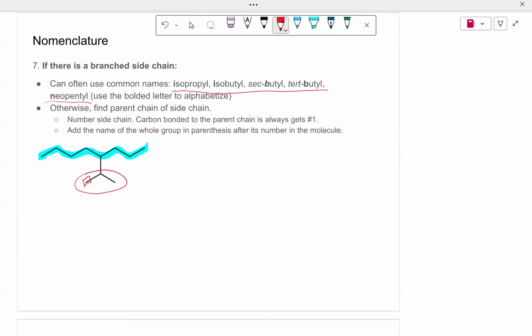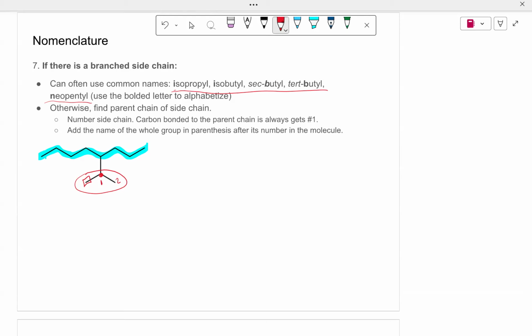So the way that you treat this is you give the carbon that's attached to the parent chain, I'm going to put a big dot right there, you automatically make this number one. And then you just keep on going for the longest part of the side chain. So in that case, two. And hanging off of that number one carbon, the one I put in a box, is a methyl group.